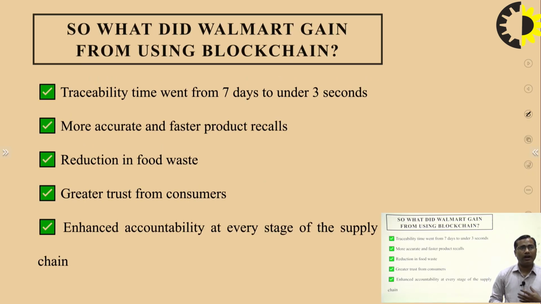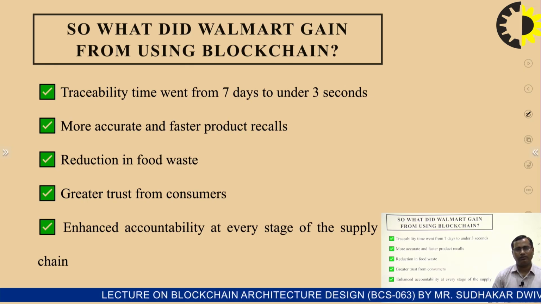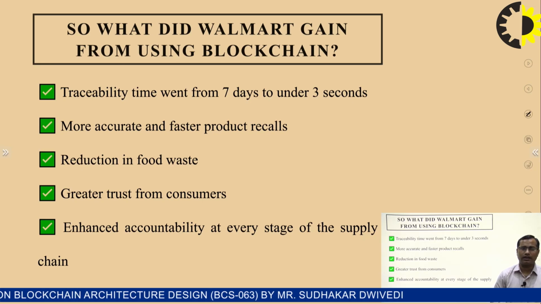So what did Walmart gain from using the blockchain? How did Walmart achieve success in managing its supply chains using the blockchain? As we can see, first and foremost, the time we were spending to trace our journey was reduced from 7 days to 3 seconds.